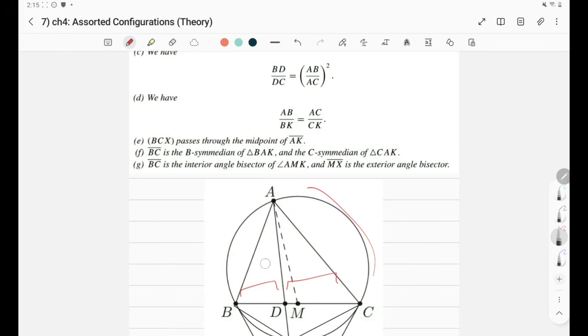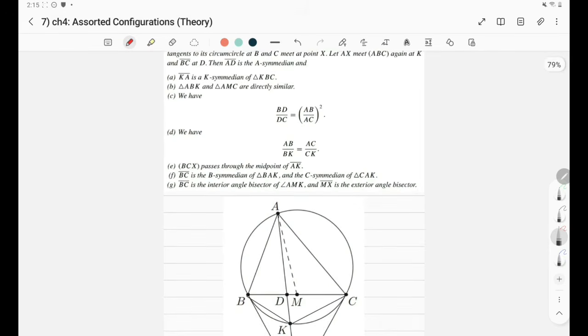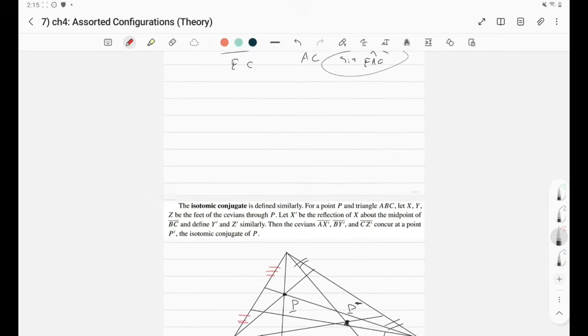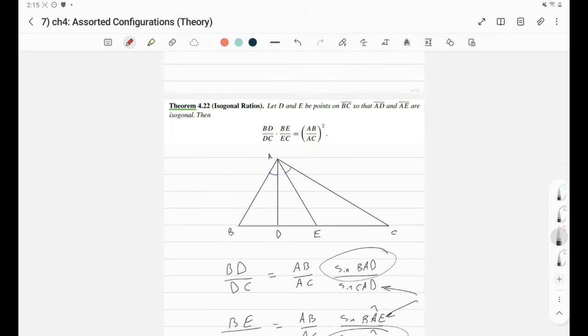This one we already introduced in the isogonality ratios. If you remember, we proved it right here. We said that BD over DC times BE over EC is equal to AB over AC all squared.